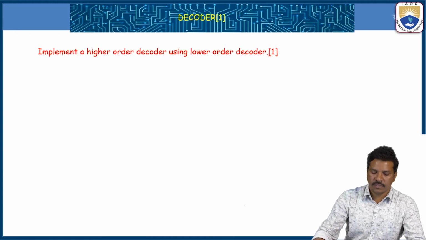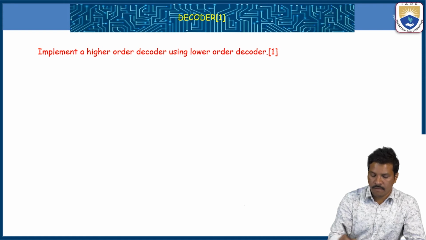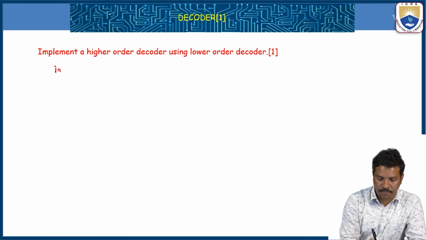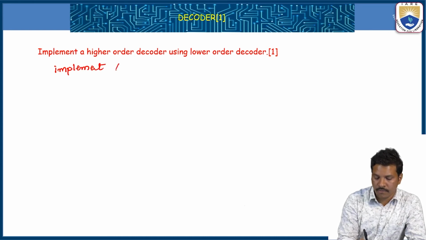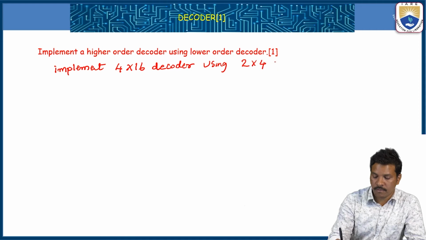Implement one more example of a higher order decoder using lower order decoders. Like implement a 4x16 decoder using 2x4 decoders.